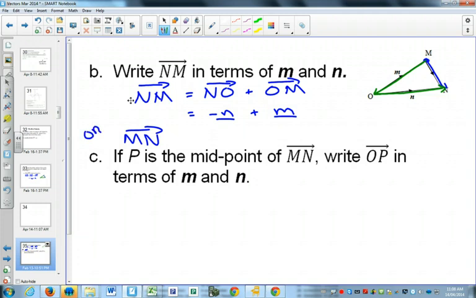Another way you could think of it is we figured out MN last question, right? MN was negative m plus n. You could just multiply that by a negative, and you would get the same thing, because NM is the same magnitude but opposite direction of MN.